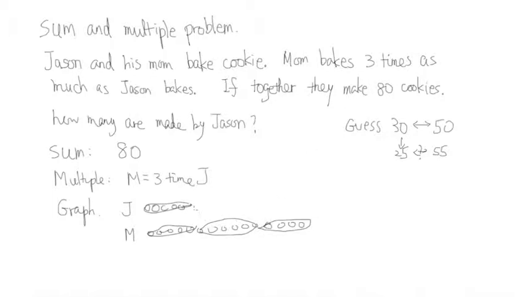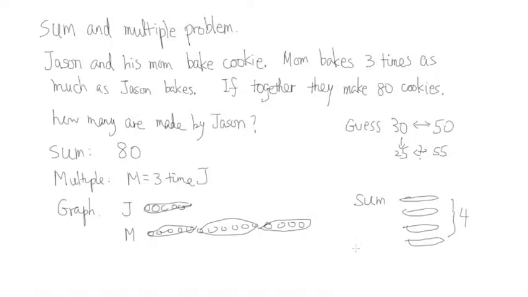Now we know what will happen if I add these together. What will be the sum? The sum of what Jason and Mom make would be just 1 bar for Jason and 3 bars for Mom. So the total will be represented by 4 bars. Here we have 4 of them, and we know the sum is 80.